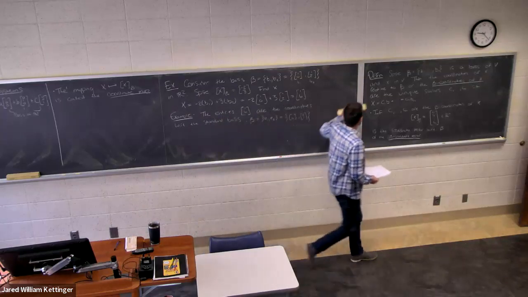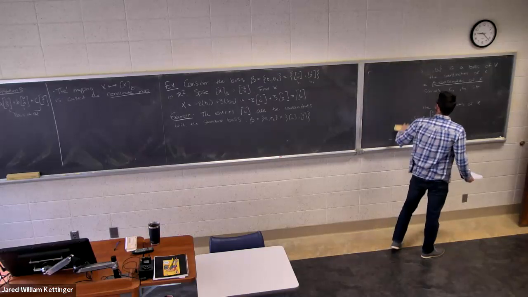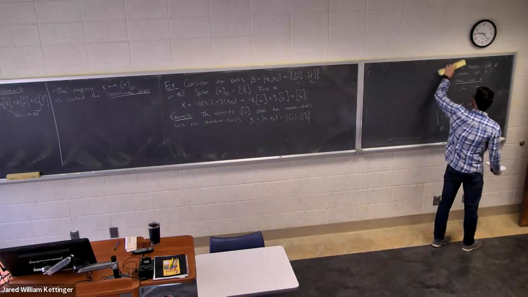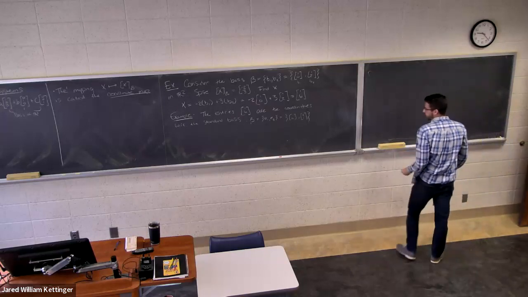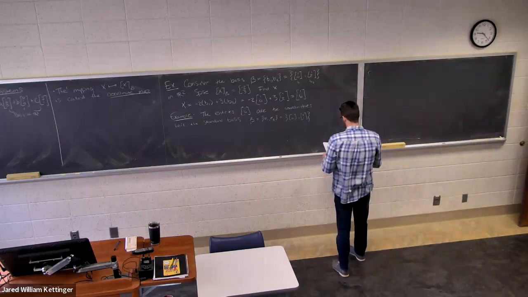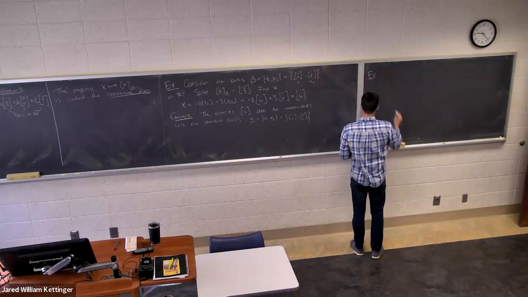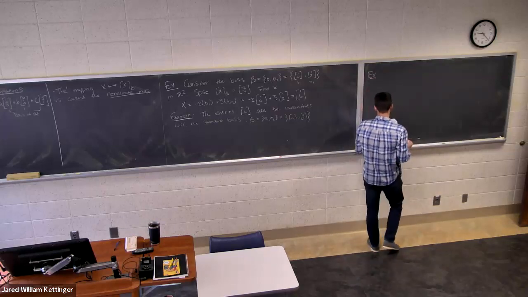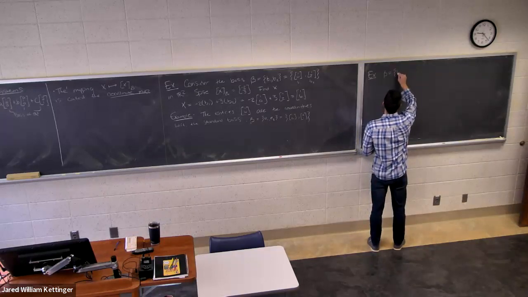Okay. So if we're given the coordinates of a vector, we see it's not very difficult to recover the vector. But like I said, we want to be able to go the other direction, right? Let's assume that we're given a basis u1, u2.